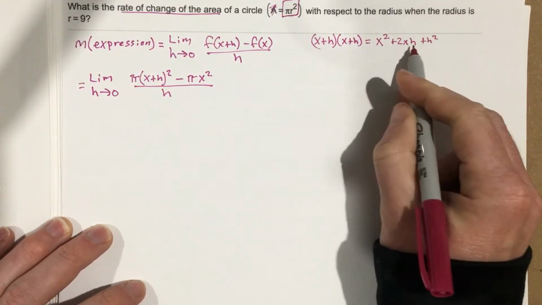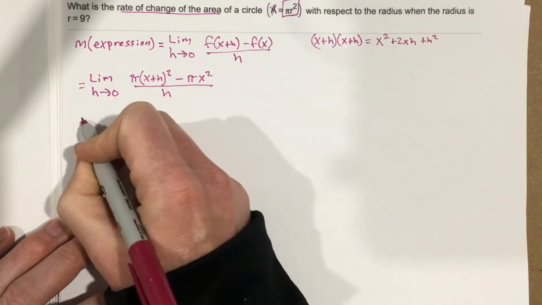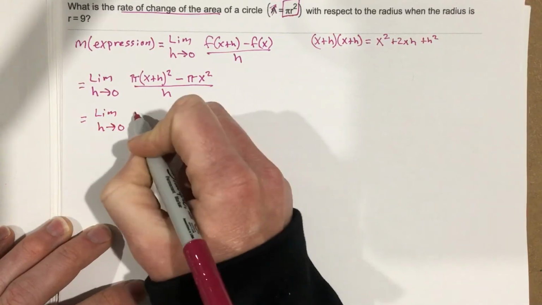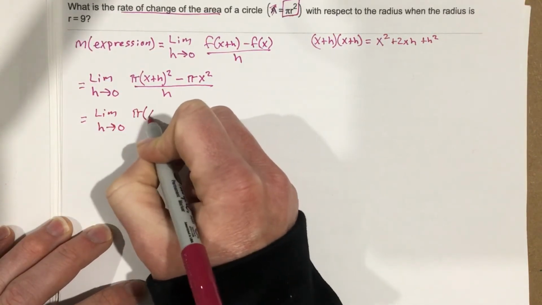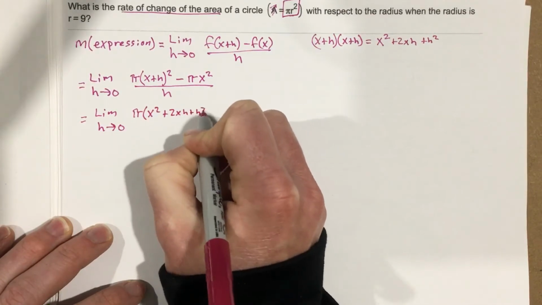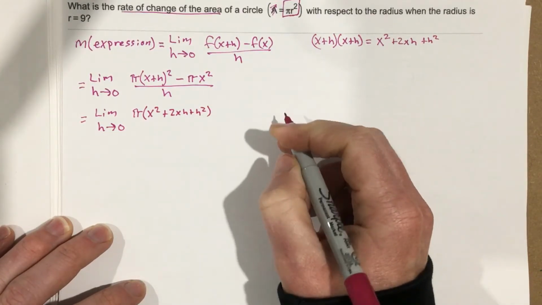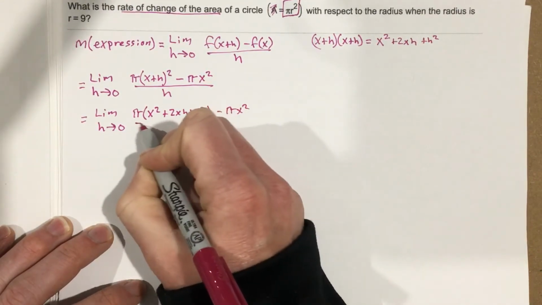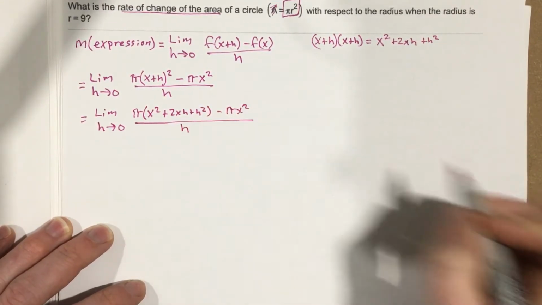We can now take this and plug it in for the x plus h squared there, so it's a limit as h approaches 0 for pi x squared plus 2xh plus h squared minus pi x squared all over h.